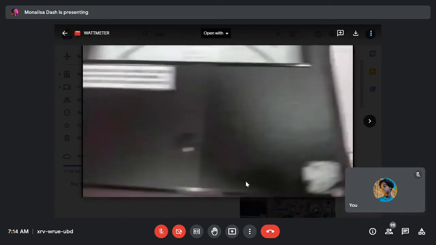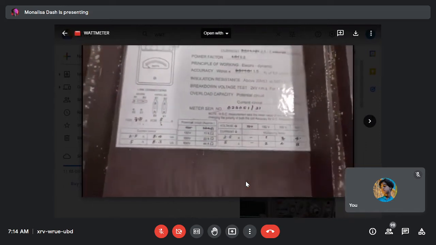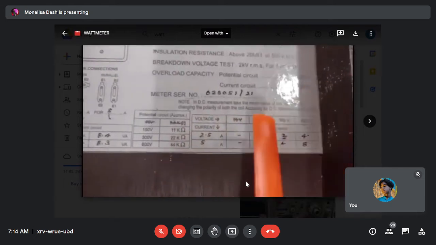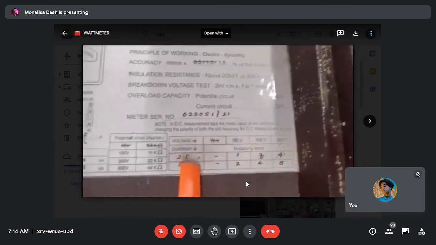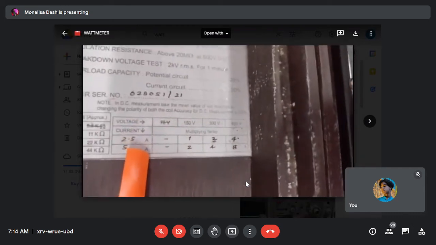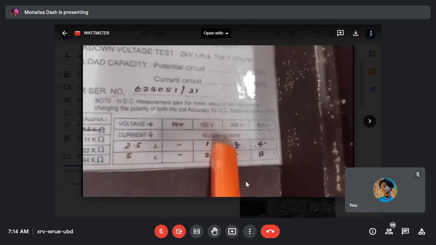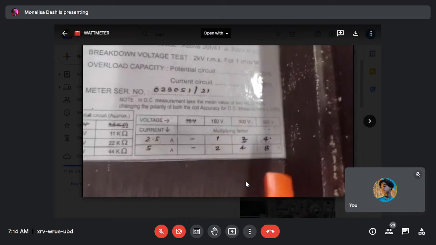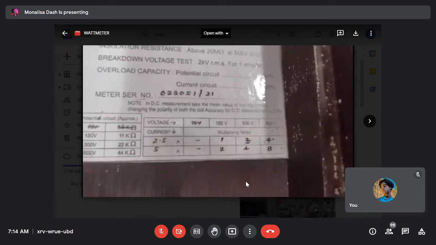In the wattmeter, this is the multiplying factor table. Here the voltages are 150, 300 and 600, and the currents are 2.5 and 5. Suppose I choose 150 and 2.5, the multiplying factor is 1. If I increase the voltage to 300, the multiplying factor is 2.